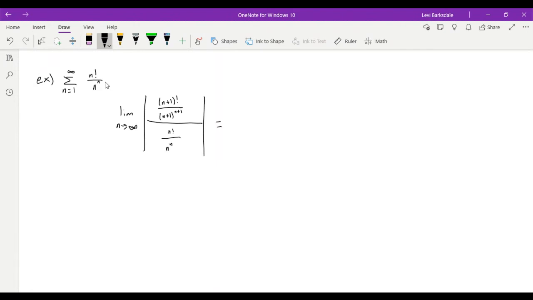Now, fractions and fractions are a bit irritating, so it's usually helpful to just write it as multiplying by the reciprocal, and this gives us n plus 1 factorial over n plus 1 to the n plus 1 multiplied by n to the nth over n factorial. All right. Now, of course, we want to simplify this as much as we can.